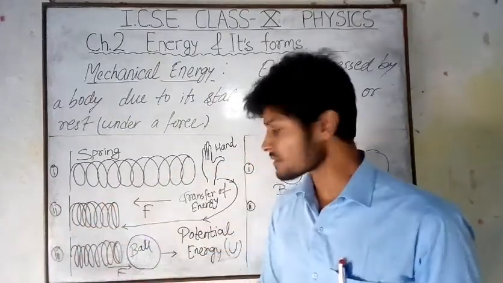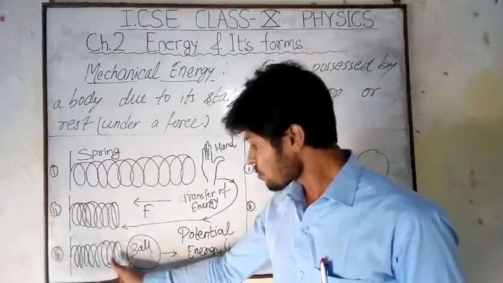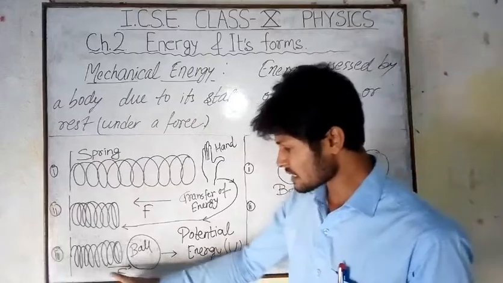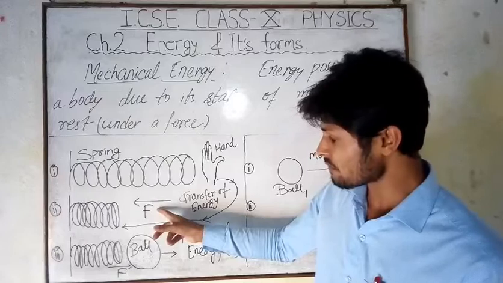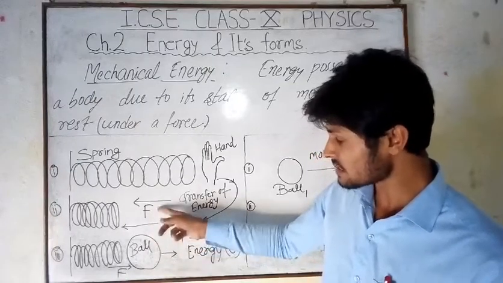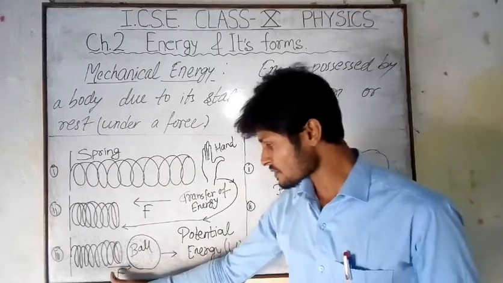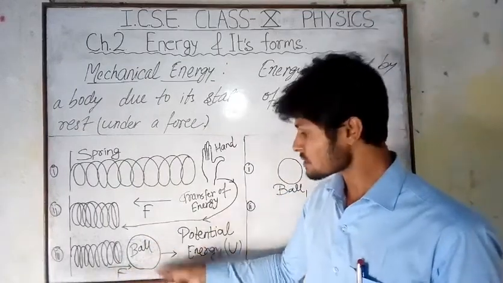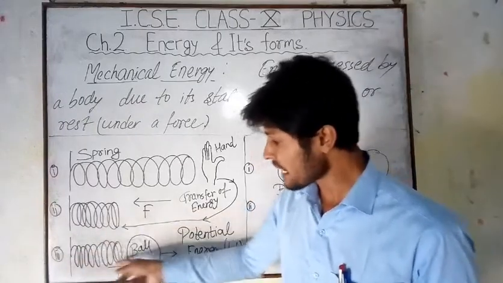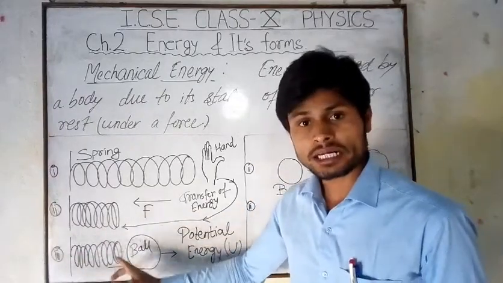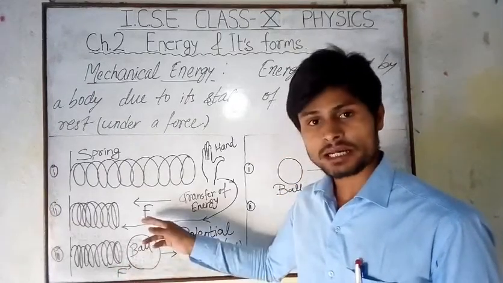Whenever we release the force, the spring is capable of applying a force toward this direction. See, this is the direction of force that the spring can apply, and this one is the previous direction of force. Those are opposite in direction. Force is applied in this direction initially, and now the spring can apply a force opposite to the previous direction of force. So this energy that the spring has is negative potential energy, because it can apply a force opposite to the previously applied direction of force.